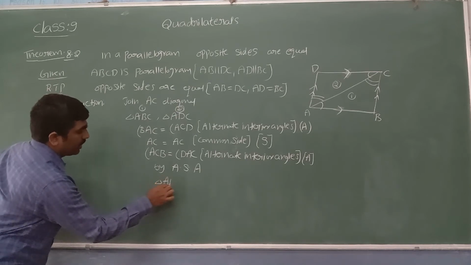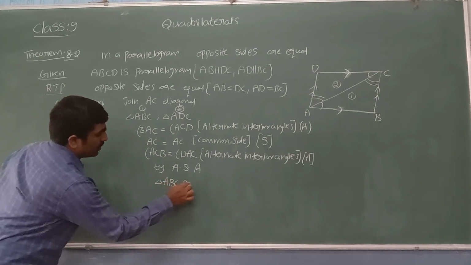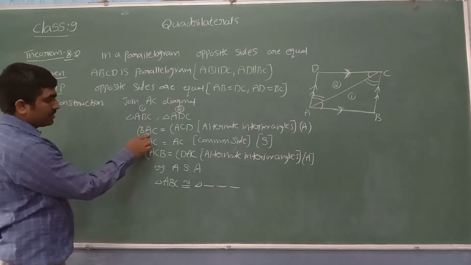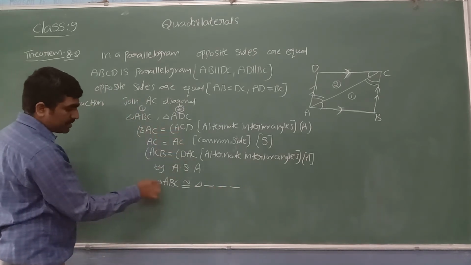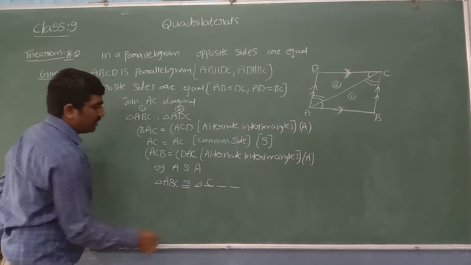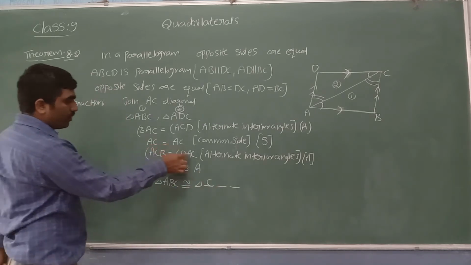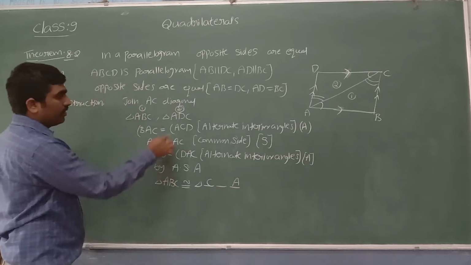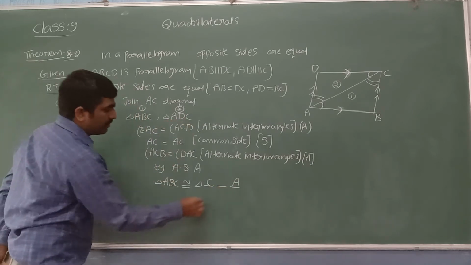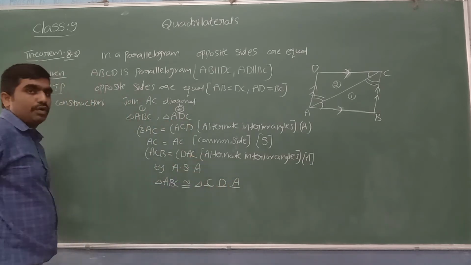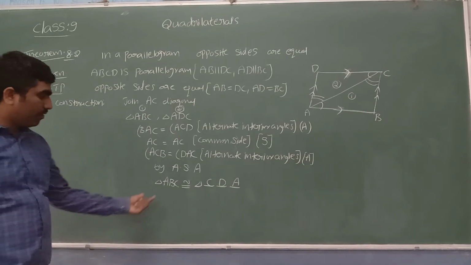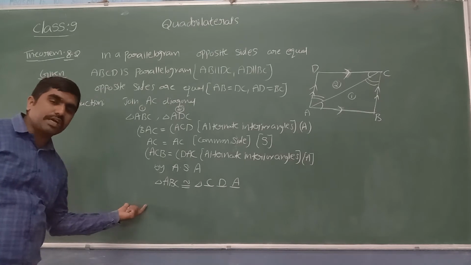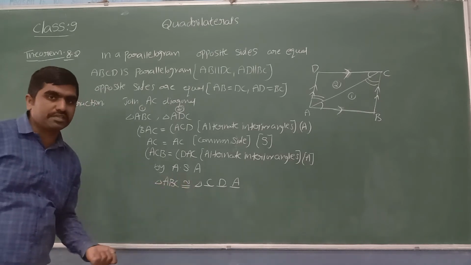Right, symbolic form: triangle ABC is congruent to triangle. Equal angles must be in equal places. A is equal to C. From the first triangle, angle A equals the second triangle's C, in equal places. C equals A. First triangle C equals second triangle A. Last, from ADC, AC finished, D left: CDA. The two triangles are congruent. Once two triangles are congruent, by CPCT we can say corresponding sides are equal and corresponding angles are equal.